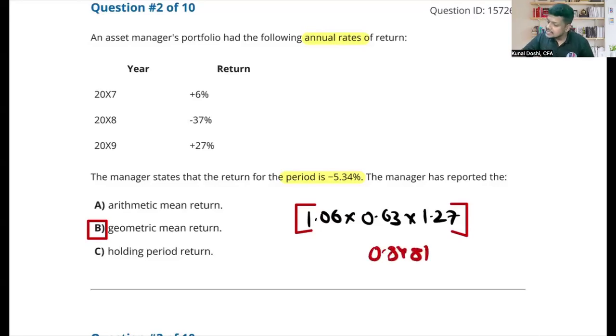As soon as you get this answer, press y to the x, then press 3, then press inverse. That will make it 1/3. Got it? Finally, minus 1 from all of this, and you will have your answer, 5.34, when you multiply by 100. Everyone is getting this? Clear? Does anyone have any doubt? So this is the geometric mean.